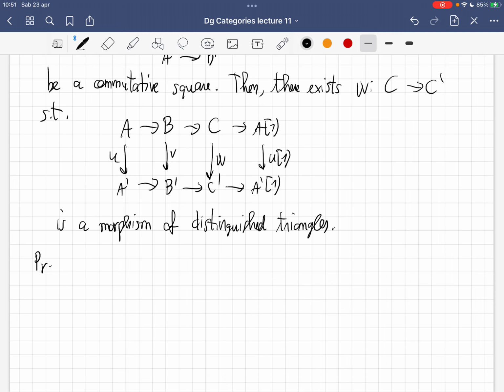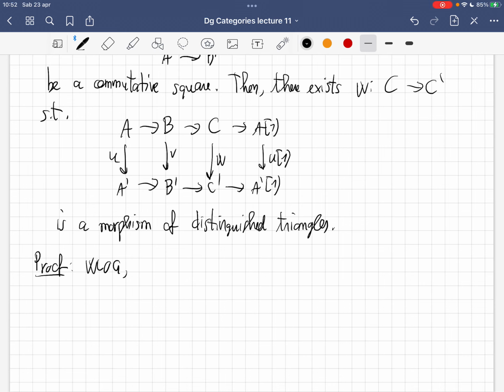Okay, how do you prove this? It's not too difficult, actually. What are distinguished triangles? They are things which are isomorphic to pretriangles, essentially. You can compose isomorphisms, so it's not a problem if you change some object with an isomorphic one, in this context at least.